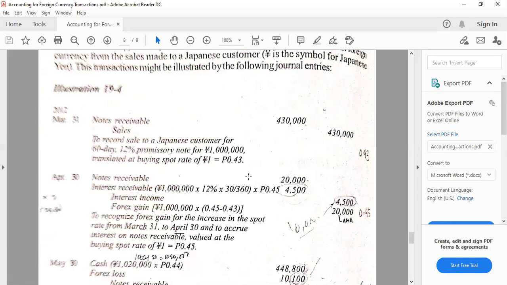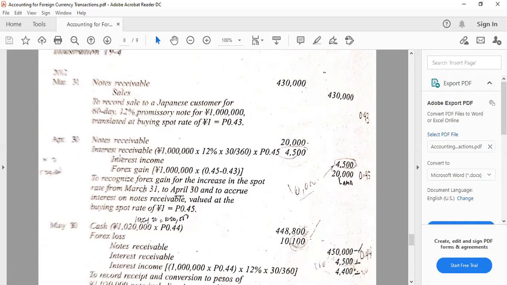All right. So for April 30, if you can notice, interest income is already earned in the process. So there is 1 million times 12% times 30 over 360, and that's 4,500. The interest income is 4,500.